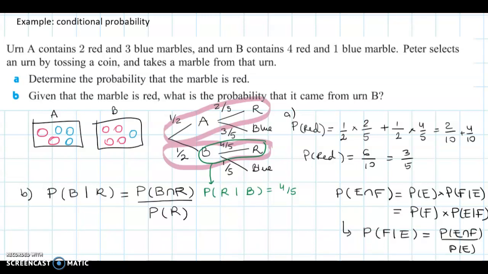And notice that the probability of red is what we found in part A, and this is the typical structure of this kind of problem. We have the denominator because we found it in the previous part.